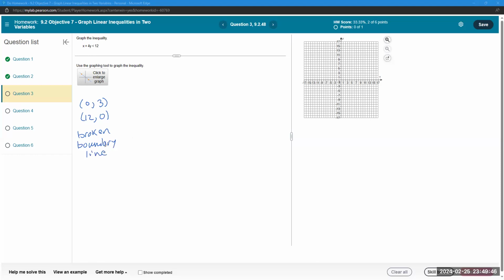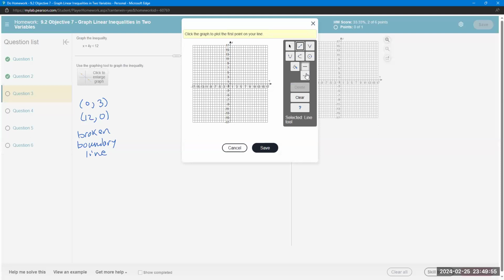Okay, so broken line going through 0, 3, and 12, 0, like that.